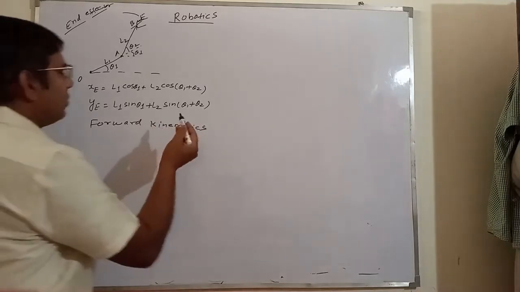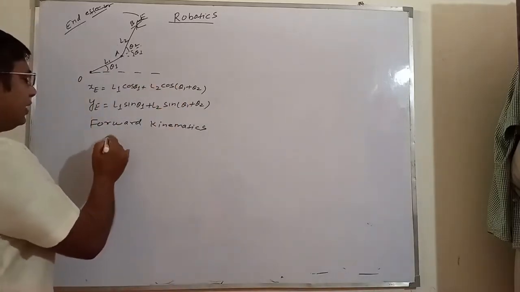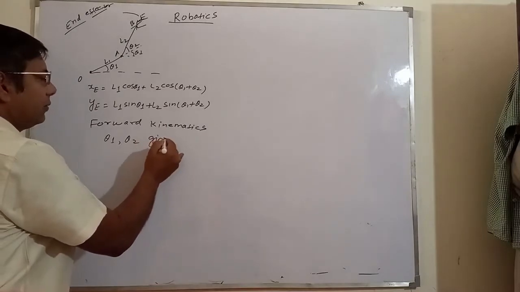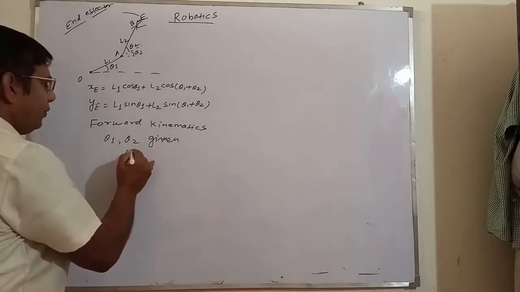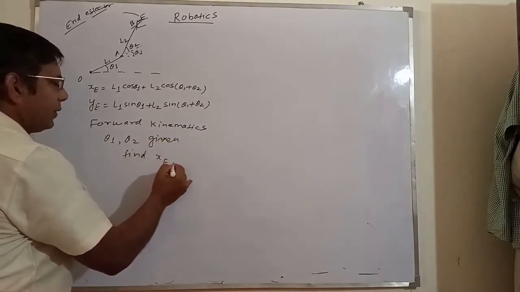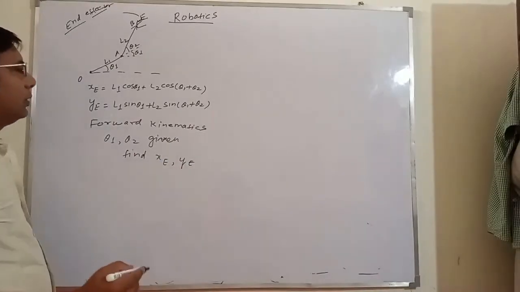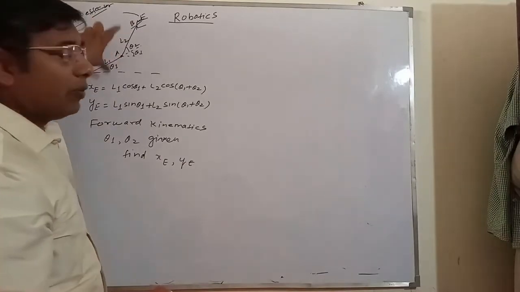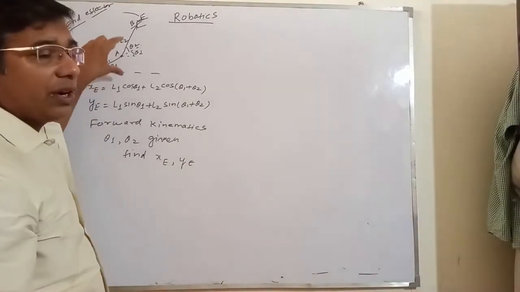So in forward kinematics, theta 1, theta 2 are given, and we find XE, YE. Obviously it's a very simple problem, because only two degrees of freedom are here.